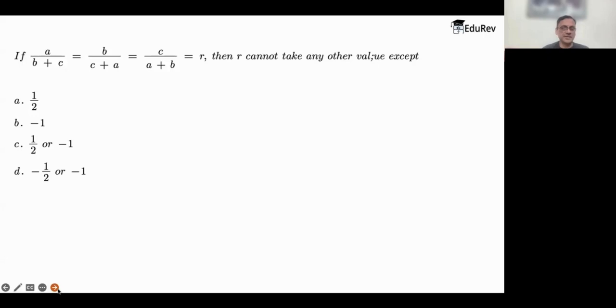Any suggestions? Here, I will suggest the second method, which was back substitution, taking help of the answers.